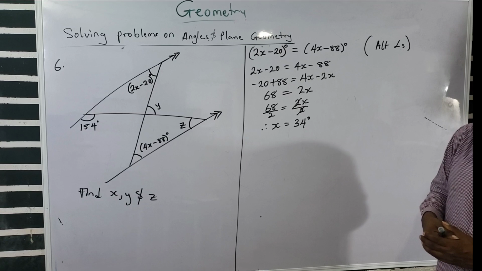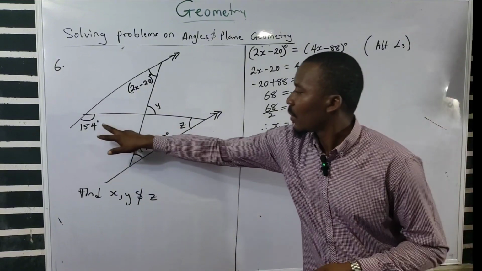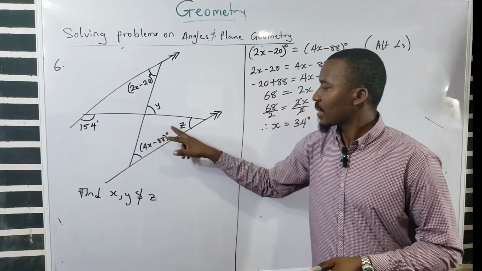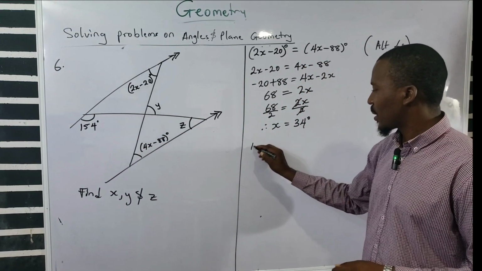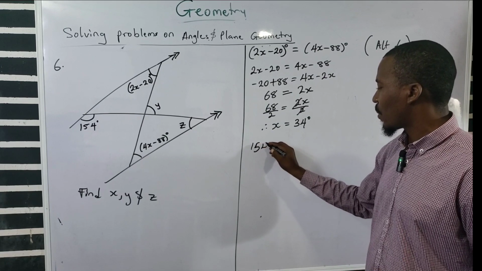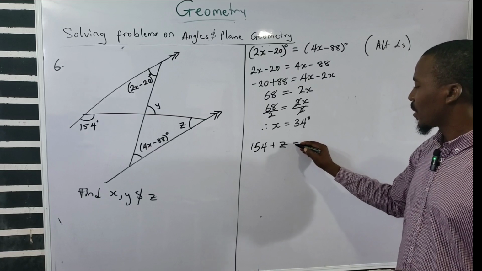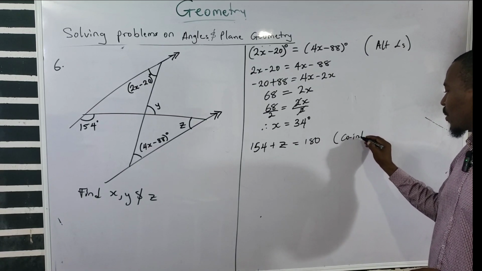So what else can we do? Let's look at what we have. We can easily get our z. They are co-interior angles. So I will say that 154 plus z will give me 180 degrees.